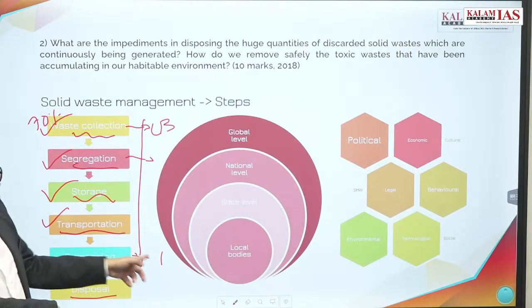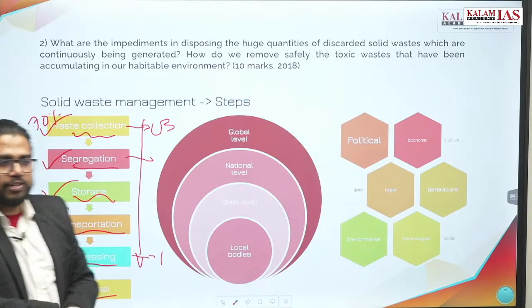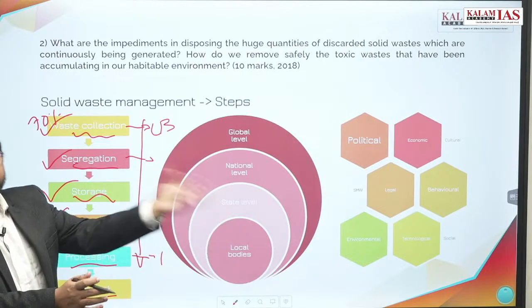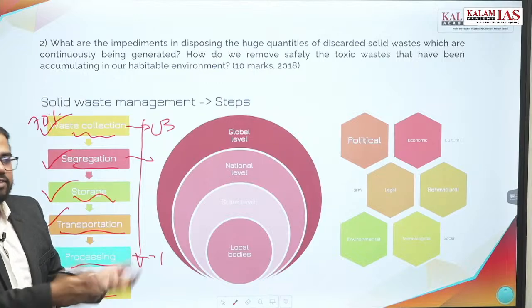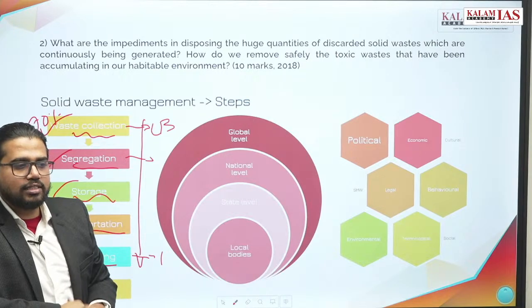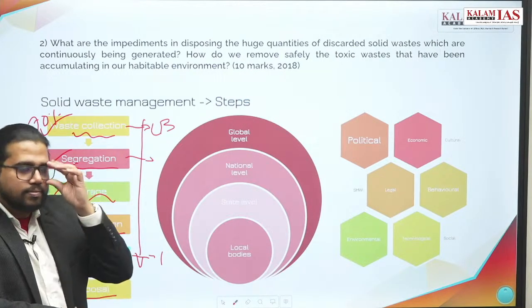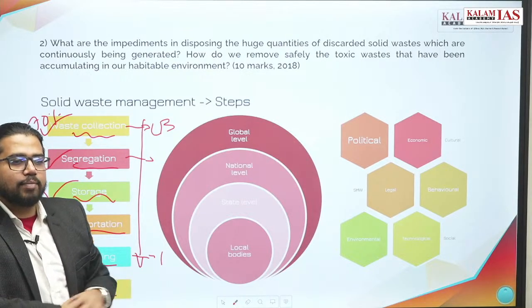In processing, what will you write? There are scientific methods. If it is bio waste, it should be treated like this. If it is organic waste, it should be treated like this. Incineration. What is incineration? Burning the waste. Which type of waste do we burn in incineration? Harmful waste, something like biomedical waste.